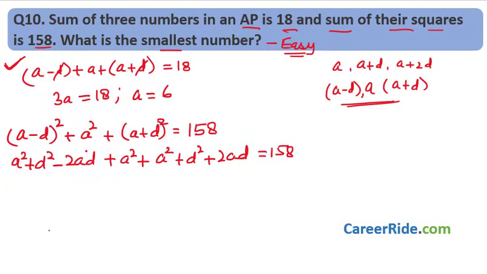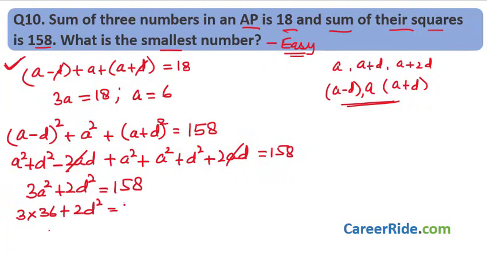Now from here minus 2ad get cancelled. What am I left with? 3a square plus 2d square is equal to 158. I already know that my value of a is 6. So a square becomes 36. 3 into 36 plus 2d square is equal to 158. Right?